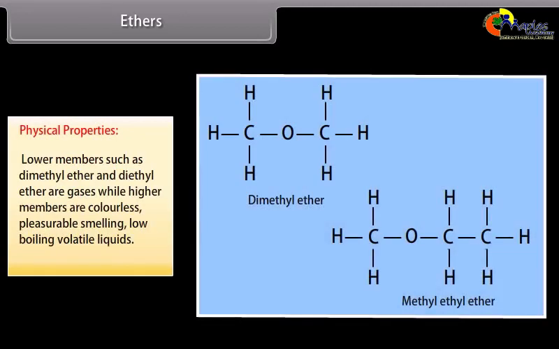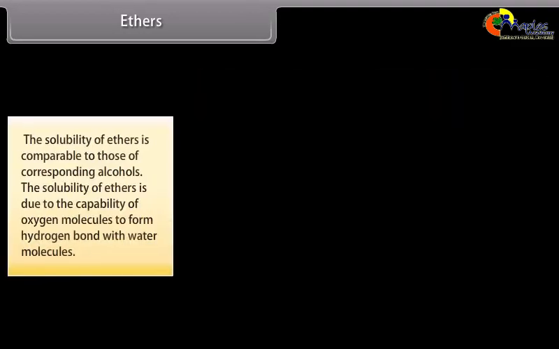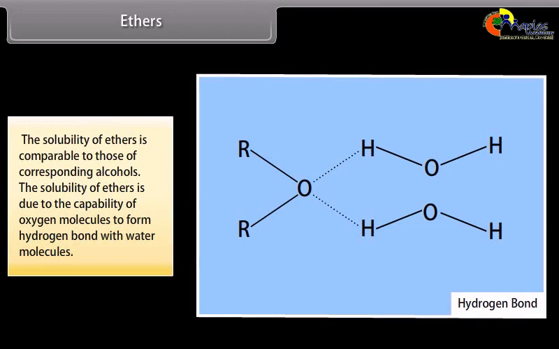Physical properties. Lower members such as dimethyl ether and diethyl ether are gases, while higher members are colorless, pleasant smelling, low boiling volatile liquids. The solubility of ethers is comparable to that of corresponding alcohols.